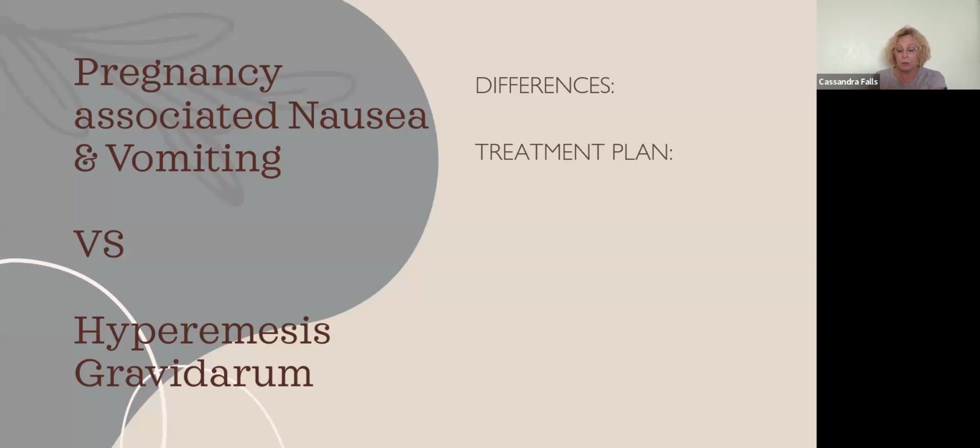I mean, it's uncontrollable vomiting all day long. A lot of times the pregnancy related nausea and vomiting is more in the morning. Once people are up moving around and have eaten a little bit, it kind of subsides, but not hyperemesis gravidarum. It's all day long. And sometimes even with intervention, it's uncontrollable.